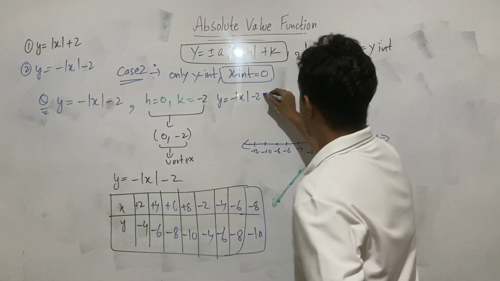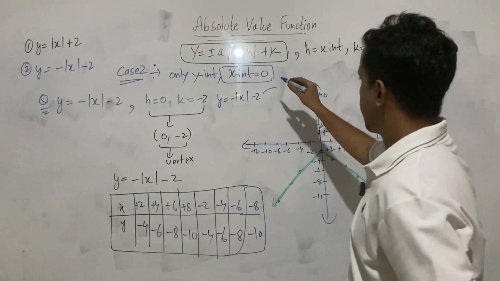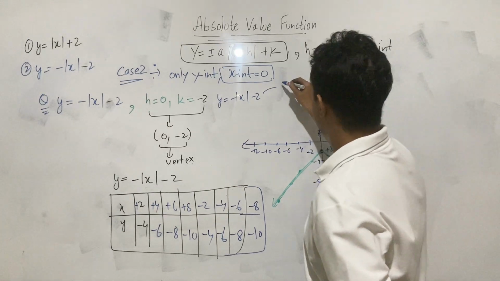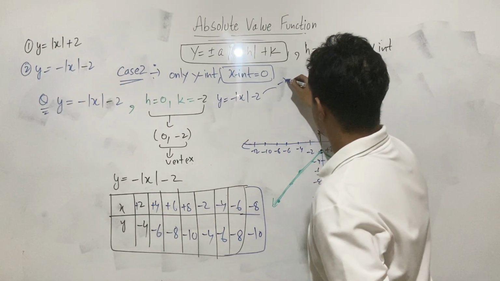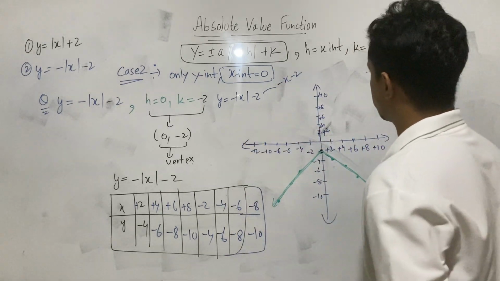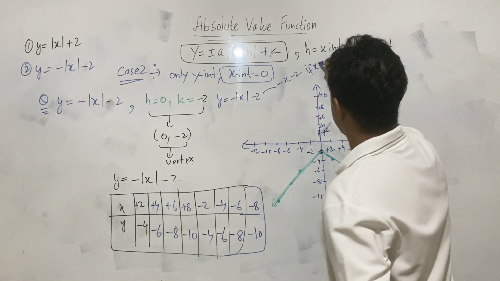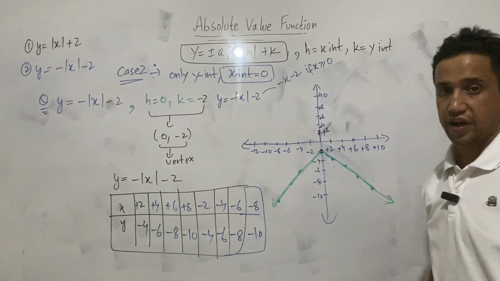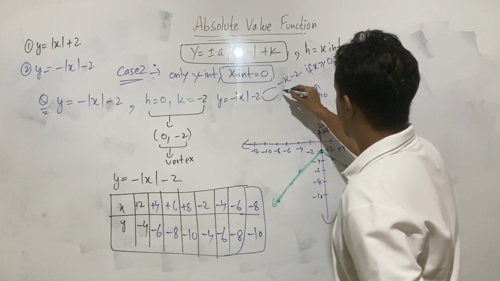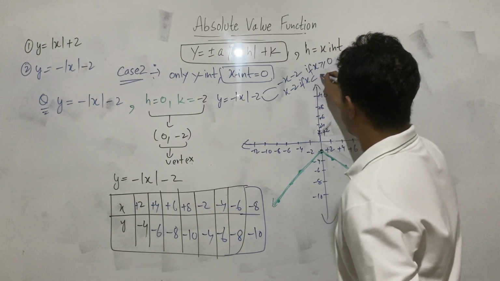Can I say it's going to be minus x minus 2 if x is greater than or equal to 0, and it's going to be x minus 2 if x is less than 0.